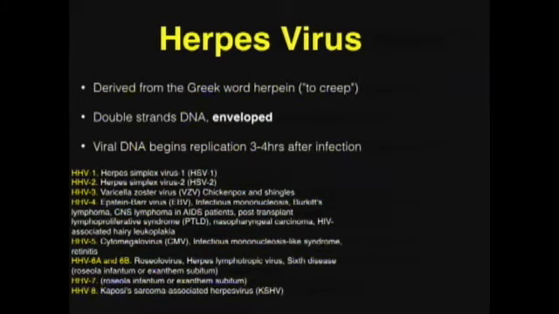It's a double-strand DNA, and it's enveloped, which makes it vulnerable to damage. That's why herpes virus and HIV are very fragile and weak outside the host, compared to adenovirus, which is non-enveloped and can last up to weeks outside the host.